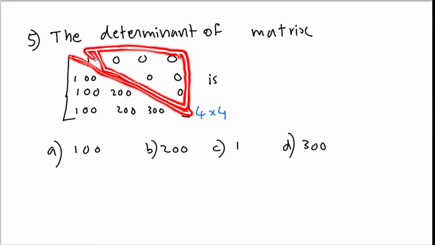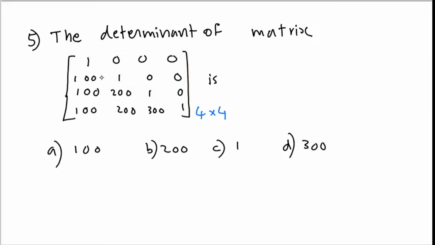In case of triangular matrices, either this upper side is completely zero or this lower side is completely 0. So if either the upper side or lower side is completely 0, we can say this is a triangular matrix. So finding the determinant of a triangular matrix is very easy.